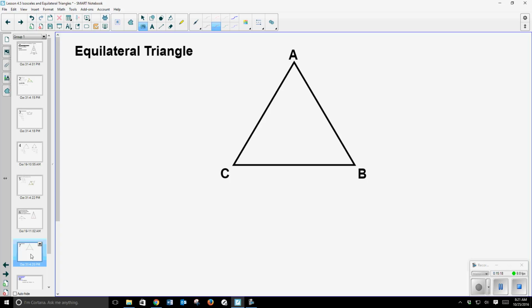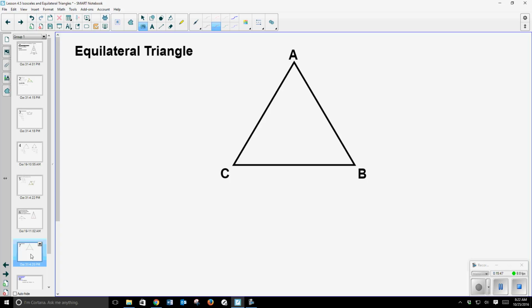Does it have anything to do with the angles or the sides of the triangles? Equilateral, the sides. You're saying that all three sides are congruent. Well, an equilateral triangle is also equiangular, but we don't call them equiangular triangles, because if it's one, it's the other. If it's equiangular, it's equilateral. If it's equilateral, it's equiangular.